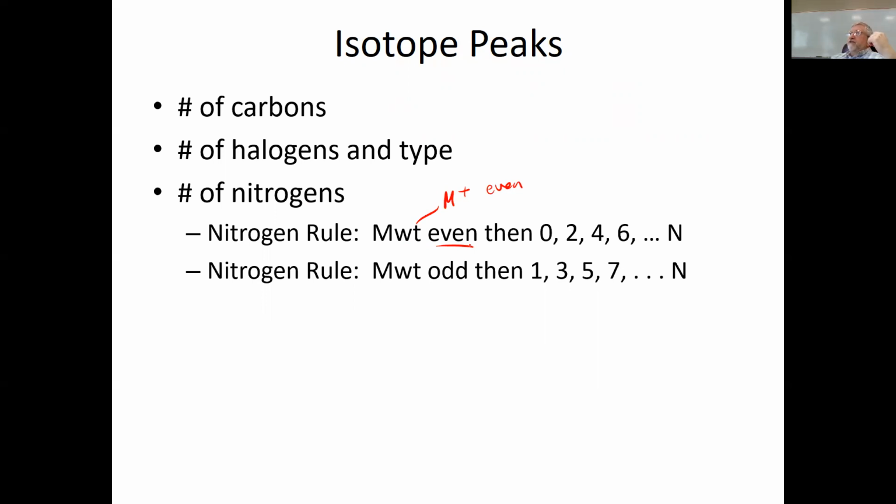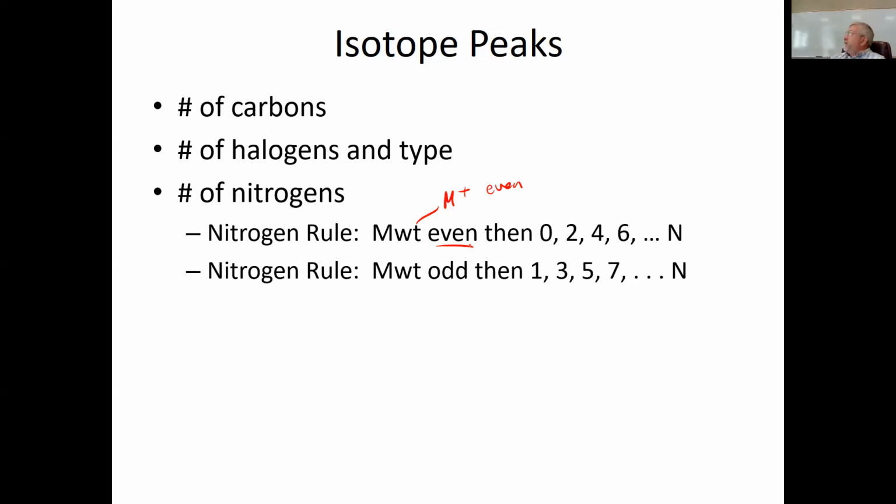Because remember, nitrogen has a mass of 14. It only forms 3 bonds, so an odd number of bonds. If you put hydrogens around the carbon, you always get an even number.